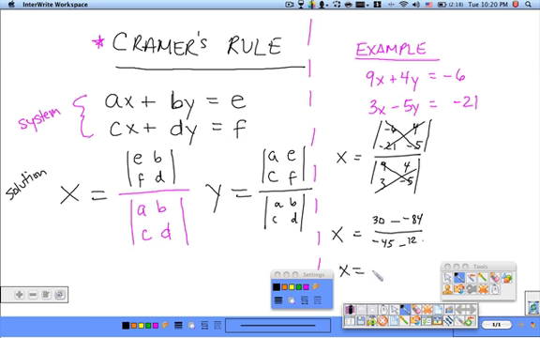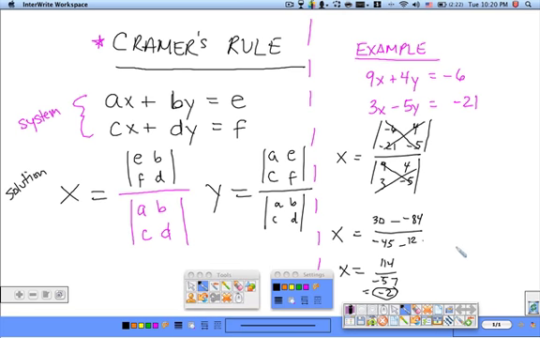So x will equal 30 plus 84, 114, divided by negative 57. Put that in your calculator and you get a nice answer, which is -2. The x coordinate is -2. Nice and clean.